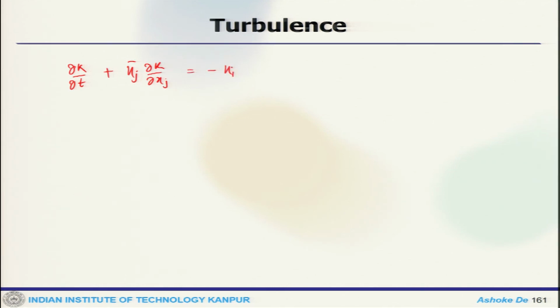So, this would be ui prime uj prime del ui bar by del xj plus g by theta 0 w prime theta prime, plus the transport term and the epsilon dissipation term. So, this is an extra term that you get.